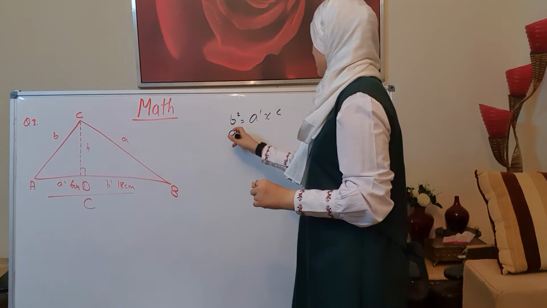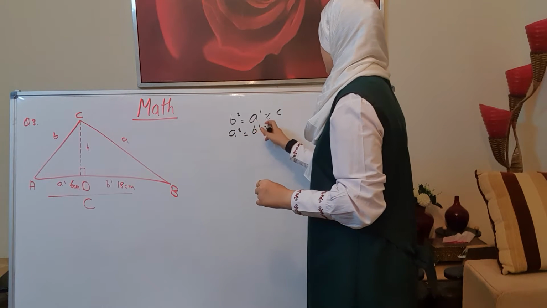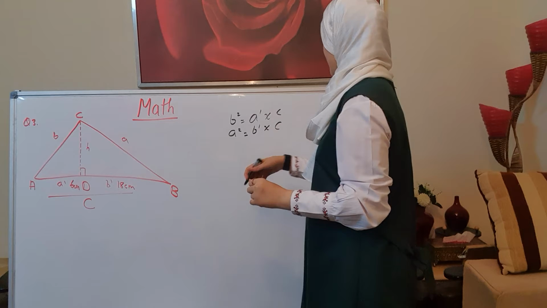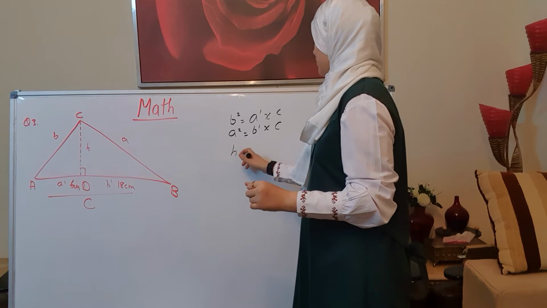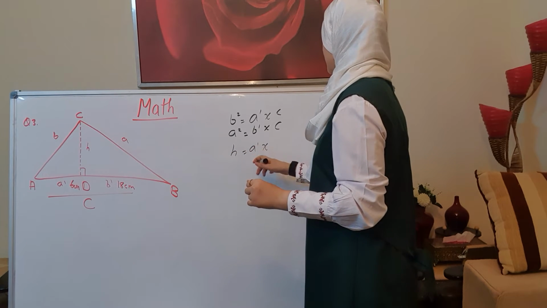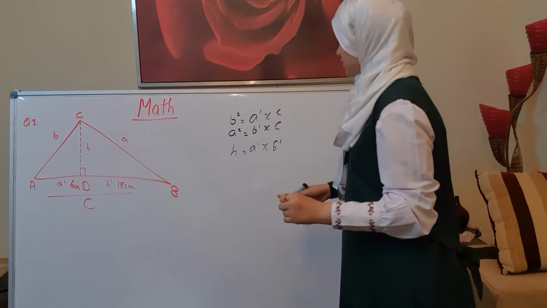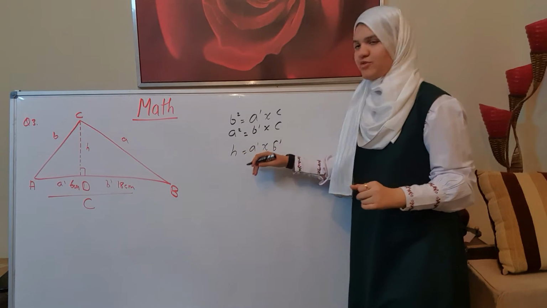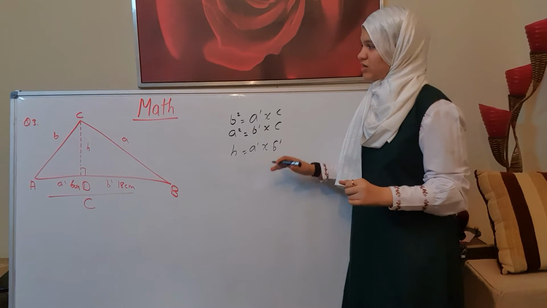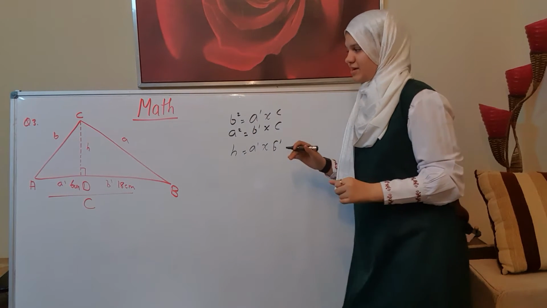And A squared is equal to B1 times C. And the height squared is equal to A1 times B1. So these are the formulas of the Euclid theorem that we will use in this triangle.